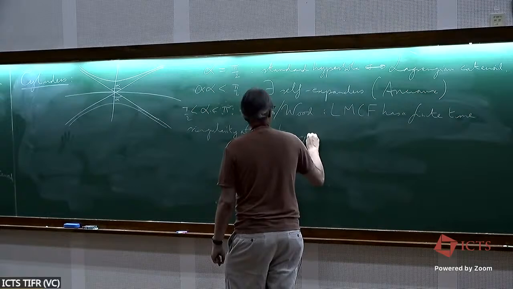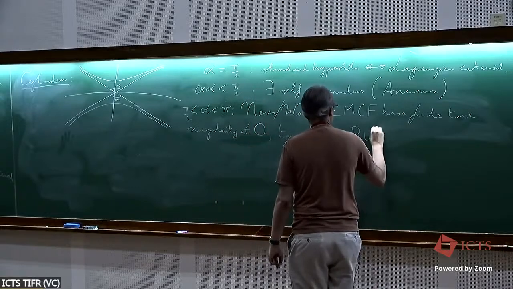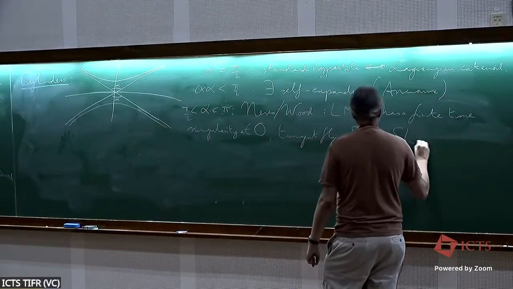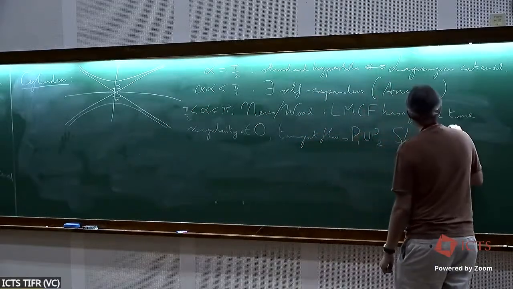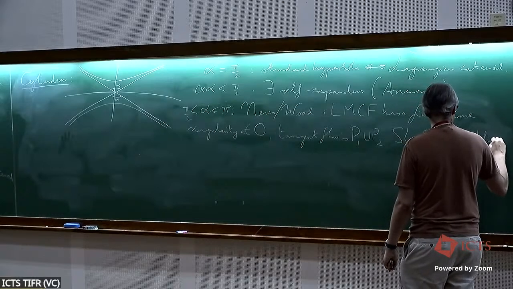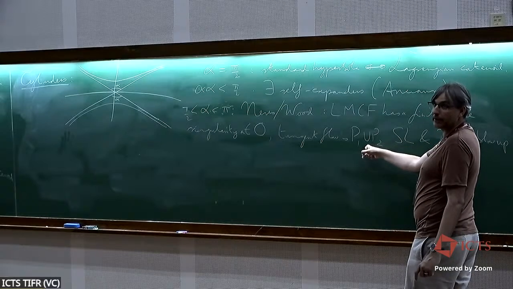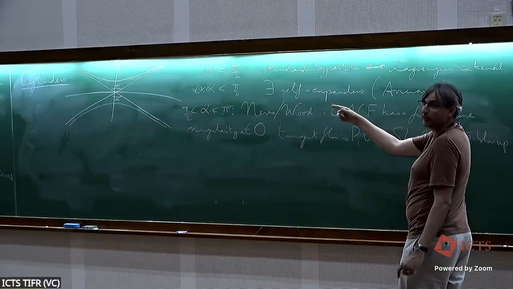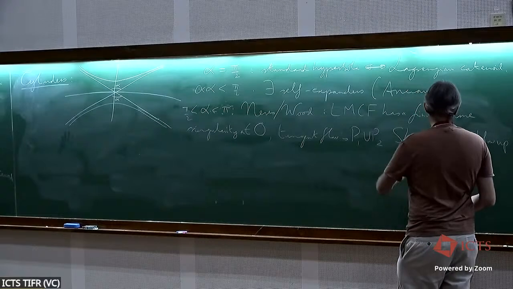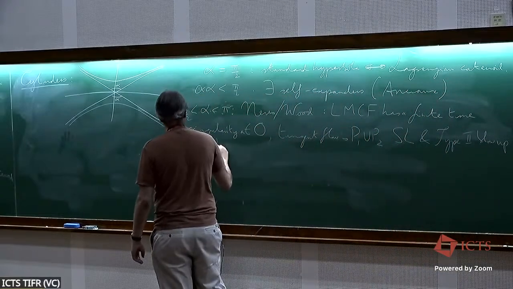The tangent flow is P1 union P2, special Lagrangian, and the type 2 blowup. Remember, this just means that the sum of the angles is pi, which in this case means that alpha is pi by 2. Type 2 blowup, well, once I've said that, then you know that it's going to be the Lagrangian catenoid again.